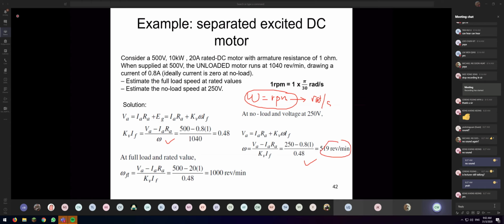In certain calculations, you need to convert to radians per second. Only for this example we don't need to, because internally it cancels out by itself, so you get back the same answer. So next time in the exam, please convert to radians per second before you use the speed for your calculation.